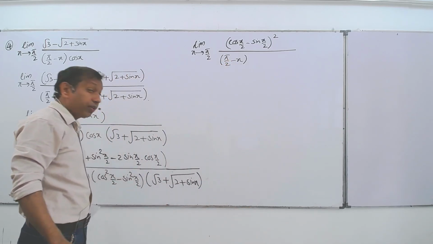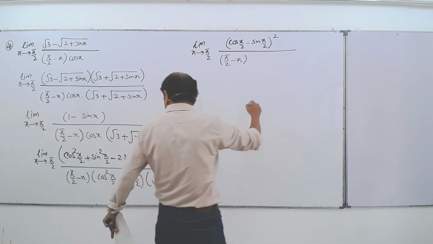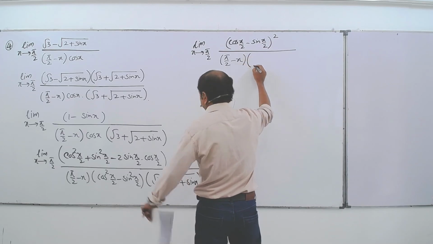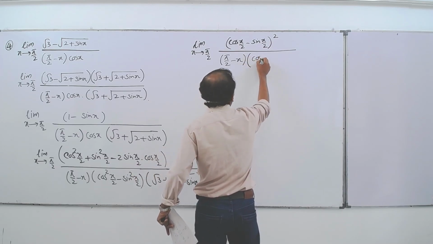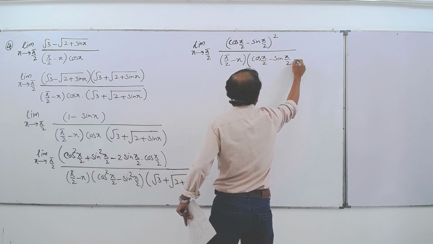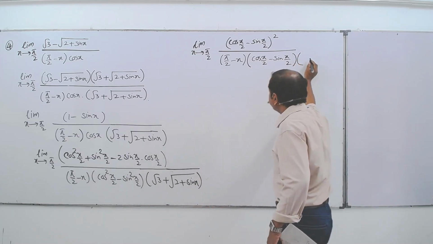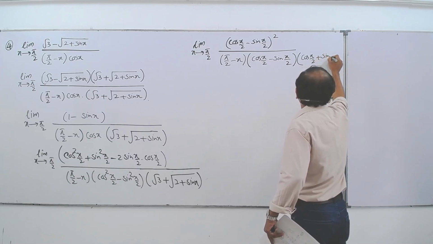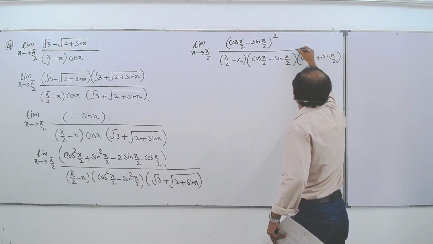This one I can factorize, cos x by 2, that we can factorize as difference of two squares: cos x by 2 minus sin x by 2, cos x by 2 plus sin x by 2.